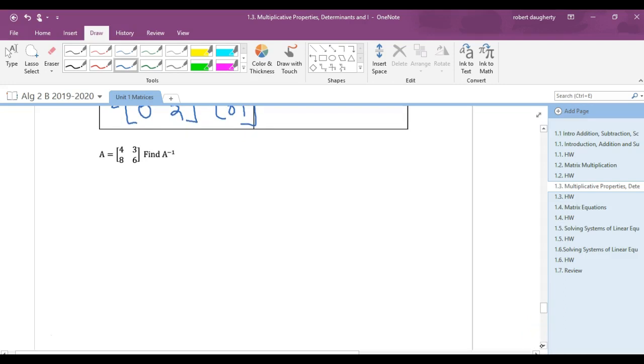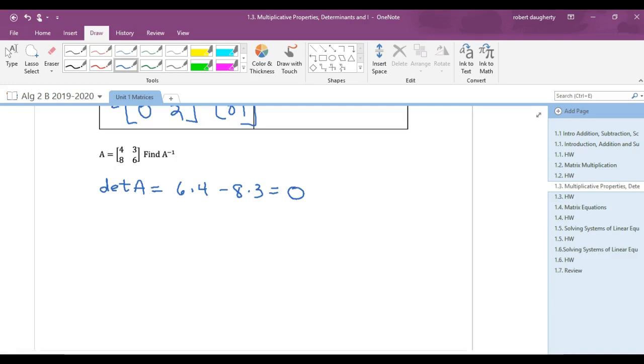So to find the inverse, first step is to find the what? Determinant. So the determinant of A is what? 6 times 4 minus 8 times 3, which is what? That's 0, right? Yeah.